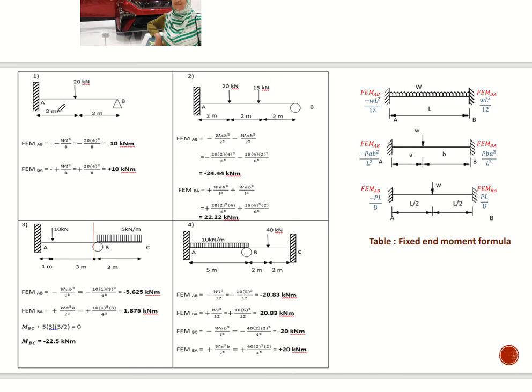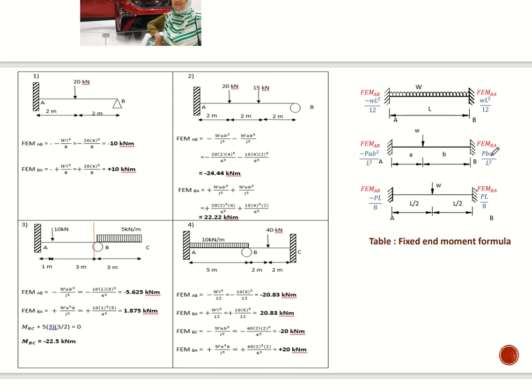is first refer to the table to see what formula you're going to use. We only have three tables that are familiar in our calculation to find the FEM. We have uniformly distributed load, and point load subjected at distance A on the left and distance B on the right, while there's a point load also subjected at the middle of the beam.